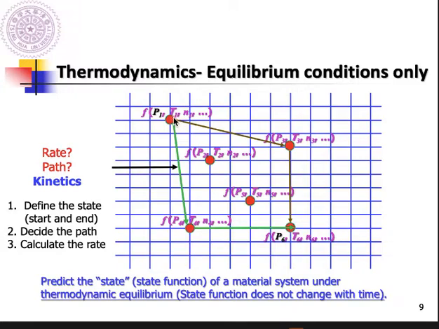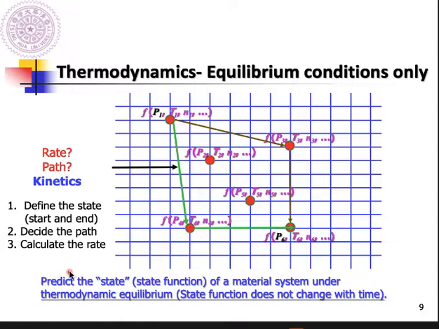Then you need to decide how to reach the end point, what kind of path you choose to reach the end point. And then you need to calculate the rate by choosing this path. So this is kinetics.